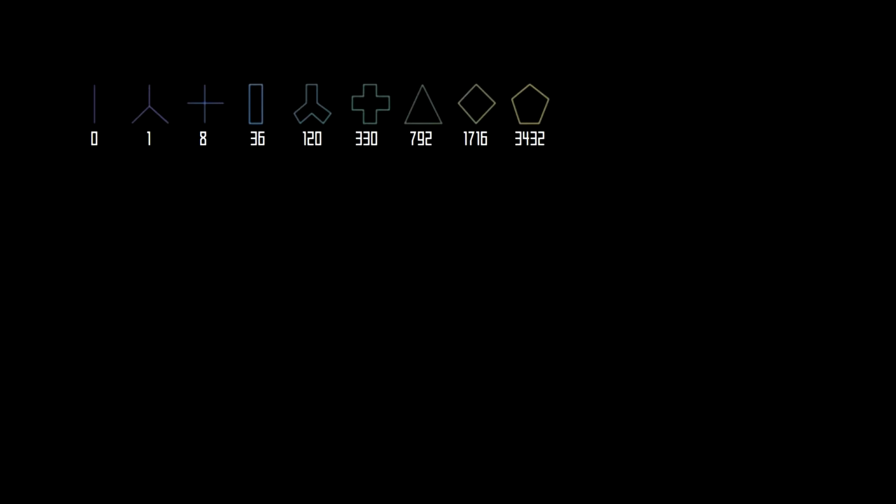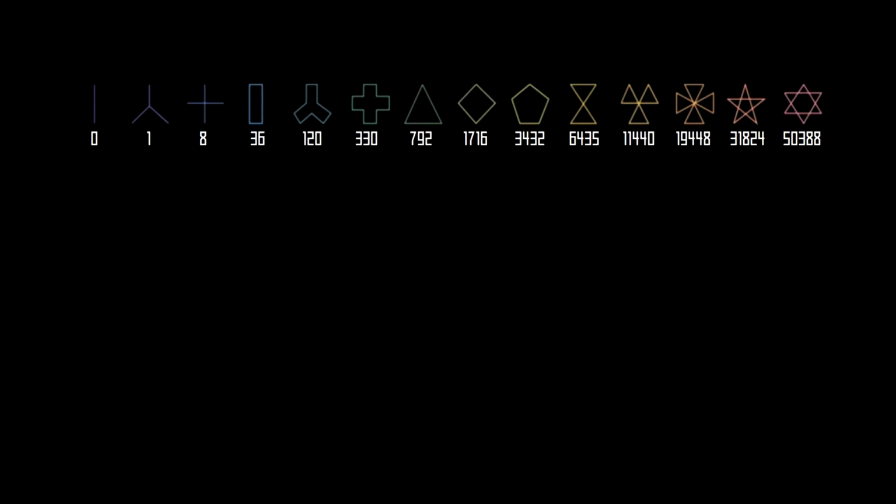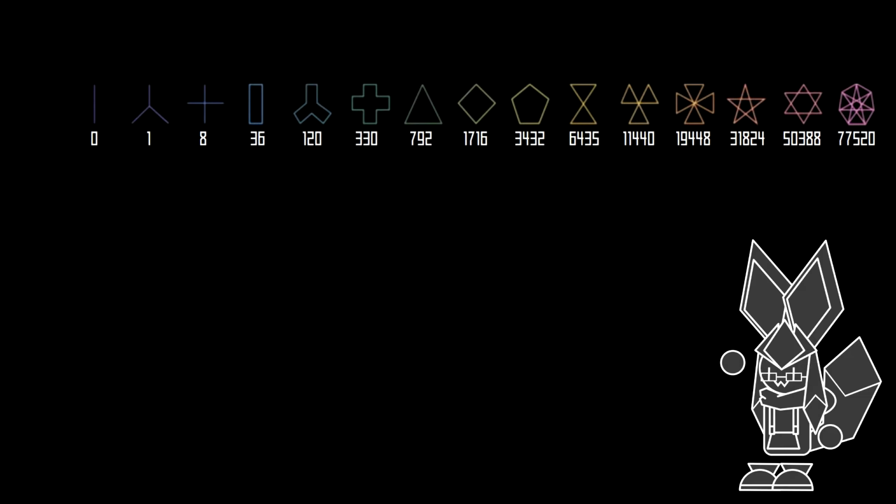The bolded 3-line starts appearing when the player reaches 120 points, the bolded plus shape with 330, the triangle with 792, the diamond with 1716, the pentagon with 3432, the hourglass with 6435, the 3 triangle with 11440, the 4 triangle with 19,448, the 5-point star with 31,824, the 6-point star with 50,388, and finally, the heptagram with 77,520. Whew, but why such random numbers?